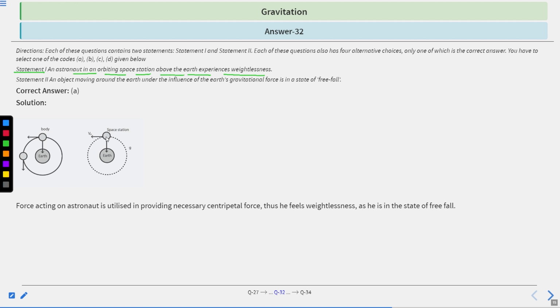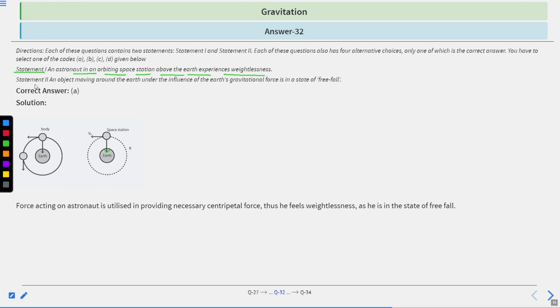In every movement of the body, there is a different direction. When the body is here the direction is this, and when the body is there the direction is this. So the direction changes and the Earth attracts the body, so the body experiences weightlessness.